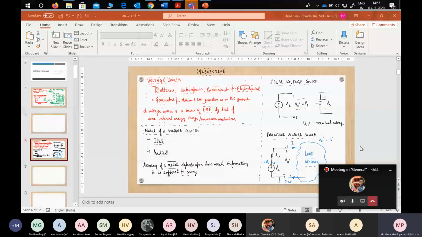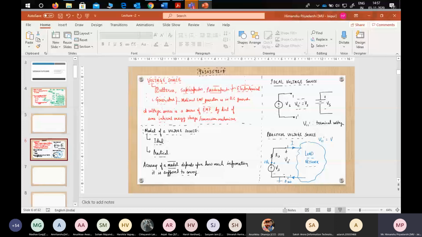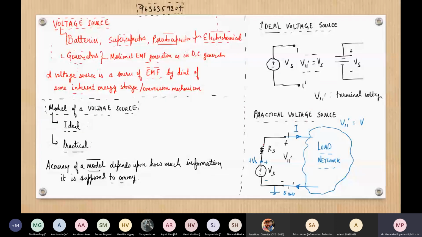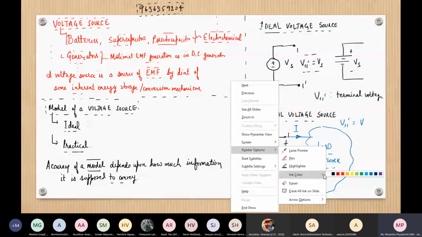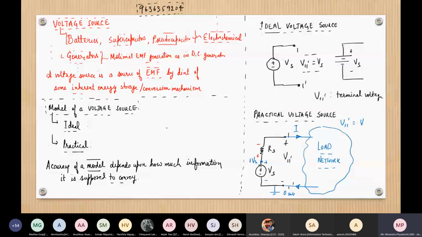And the current is flowing as I. So what will be the voltage drop through this resistance Rs? What will be the voltage drop if you have a current I? Very good, I Rs. And the polarity I have shown like this. Why? Because if a current I is flowing in this direction, it produces a potential difference V equal to IR with this polarity.